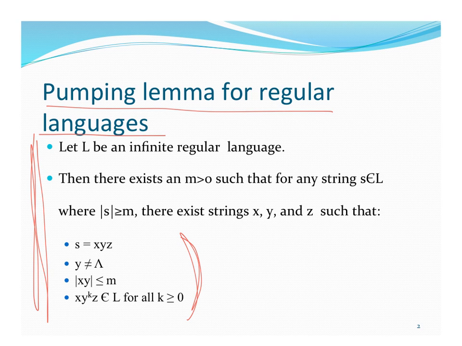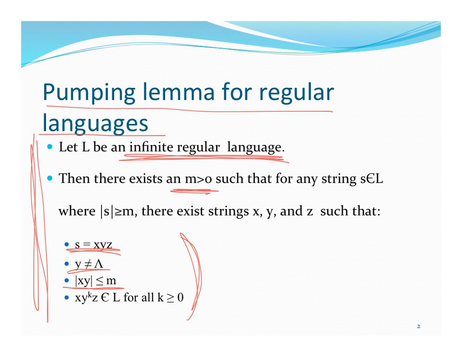The idea is that if we pick an infinite regular language, we can take any string in that language that is at least m characters long, and split that string into x, y, and z so that the middle part y is not the empty string, and the length of xy is less than or equal to m.